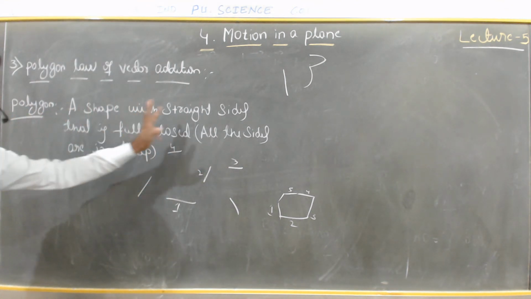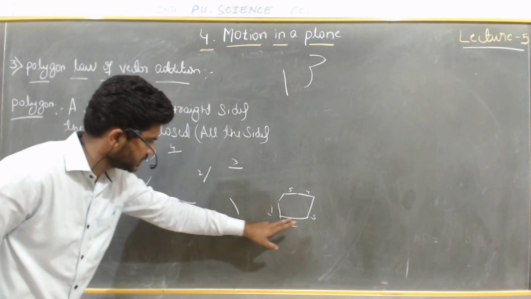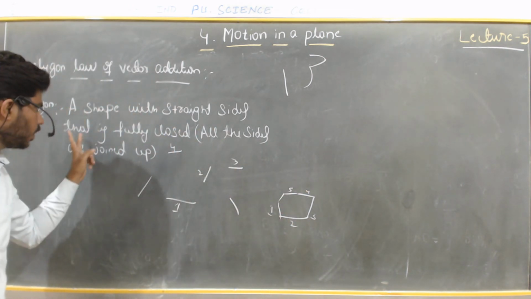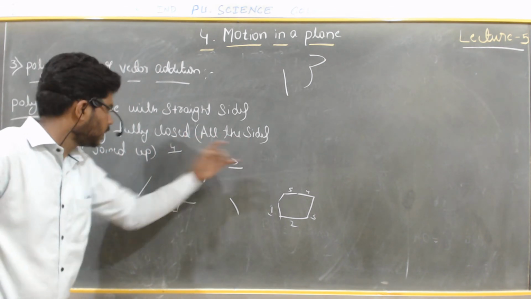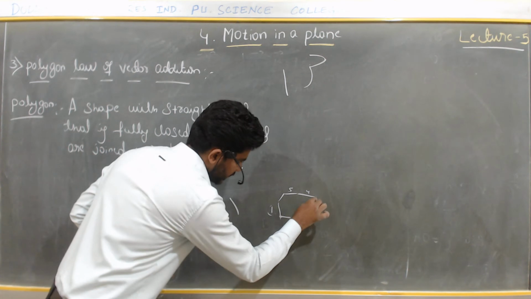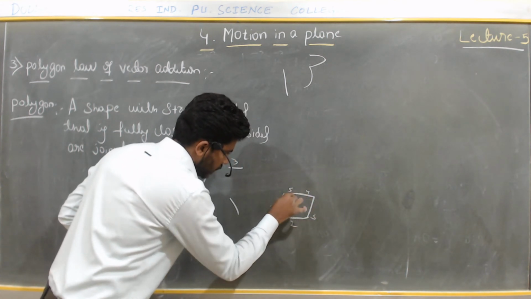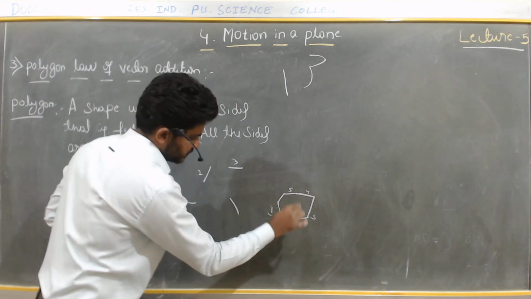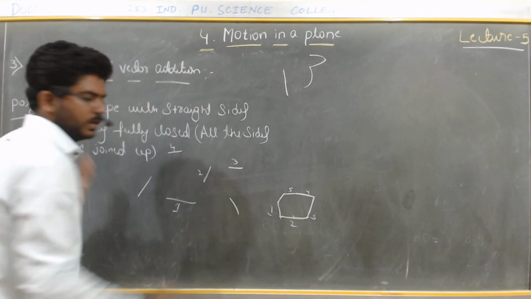A shape with straight sides, where all the sides are straight and fully closed, or all the sides are joined. We have joined one side and another side. It means by taking all the sides we have closed and made one structure shape, that is a polygon.